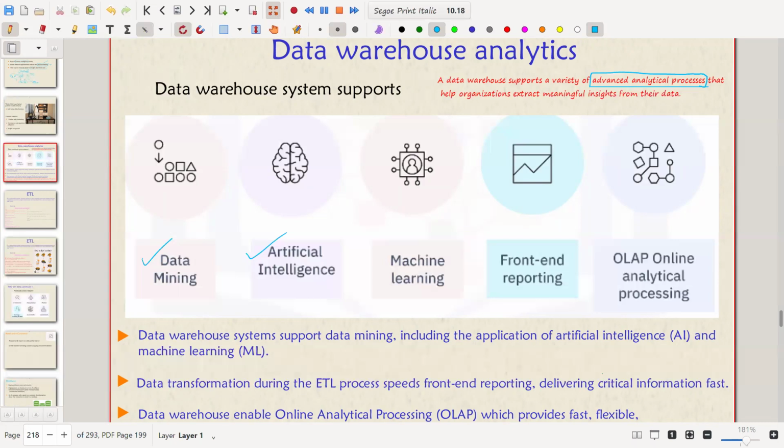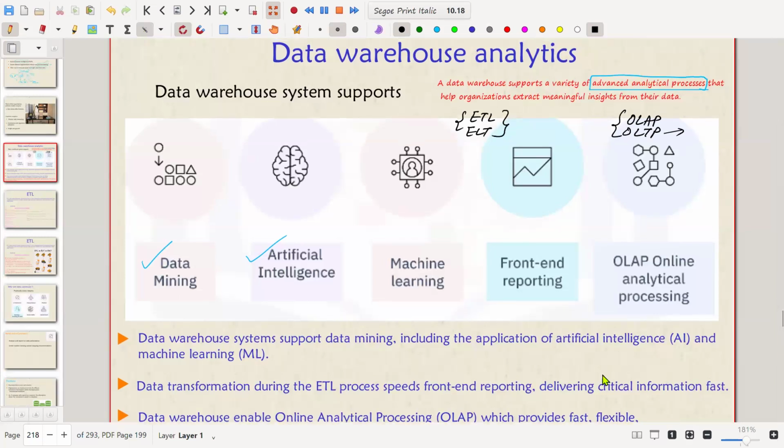There are some names you will be seeing in this module: OLAP and OLTP. OLAP is online analytical processing, whereas OLTP is online transaction processing. These are some of the most important terminology you will see. Another important terminology you will see in this module is ETL and ELT, extract, transform, load.